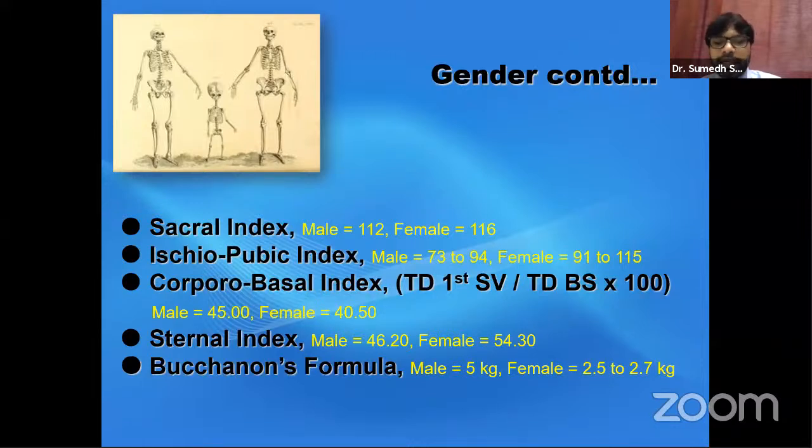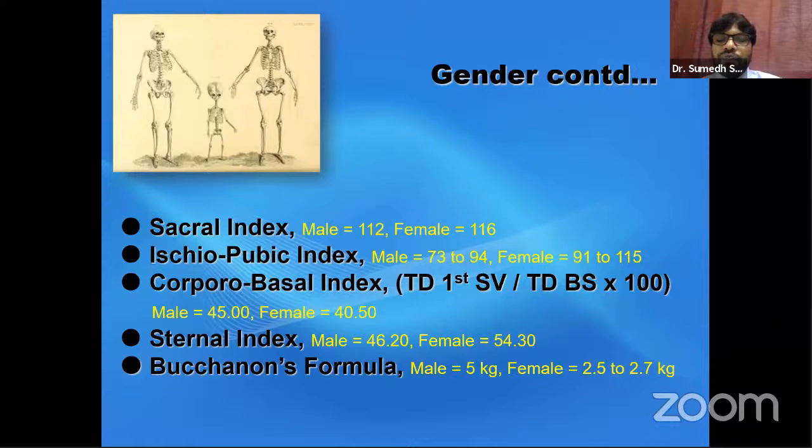Then the sternal index, again the breadth to length ratio. In case of male, it is 46, and in case of female around 54. So again, the sternal index is a significant finding to comment on the gender. Then there is one formula, that is Buchanan's formula.